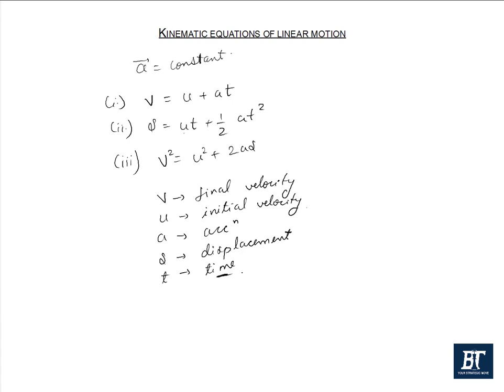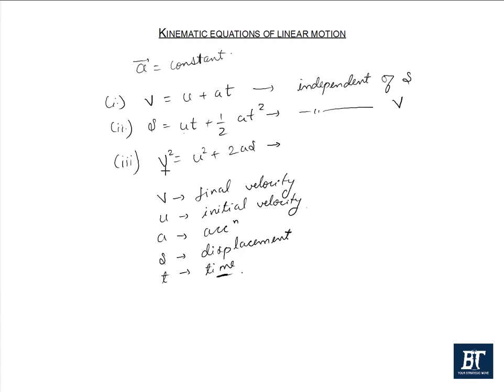So the first equation relates final velocity with initial velocity, acceleration and time, and this equation is independent of displacement. The second equation relates displacement with initial velocity, time and acceleration, and this equation is independent of final velocity of the particle.